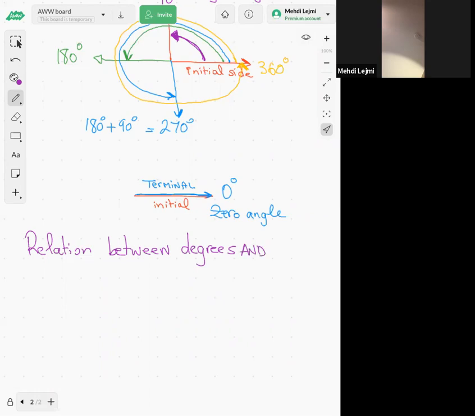Well, the main relation is that 180 degrees, right, is equal to pi radians.